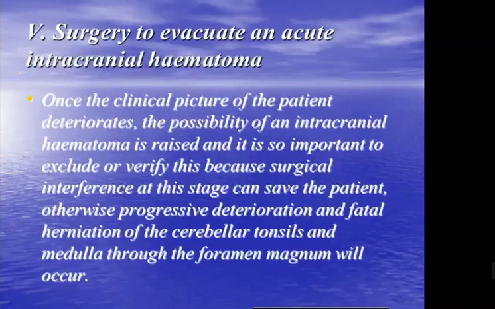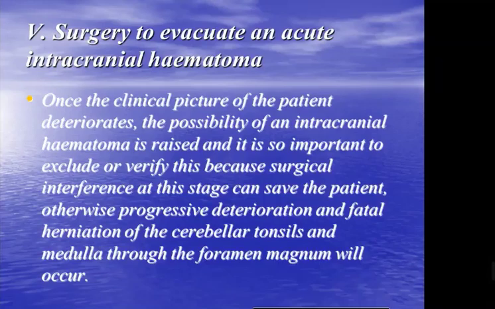And the last part of management of patients with head injuries is surgery to evacuate, for example, acute intracranial hematoma. Now, most of the patients who have head injuries will be treated conservatively, in fact.